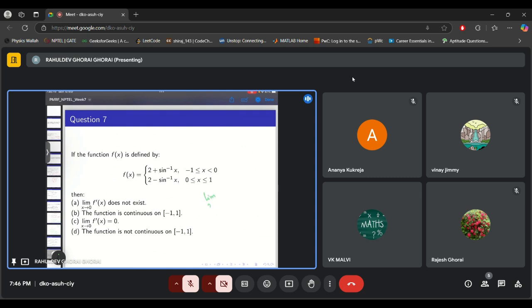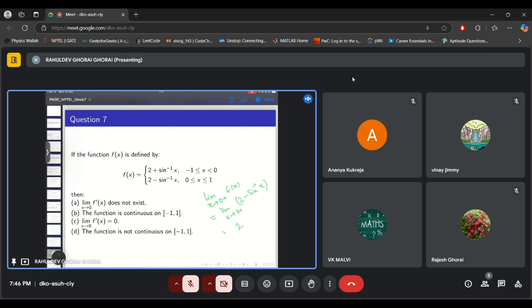If you take the limit as x tends to 0 plus of f(x), that is the limit as x tends to 0 plus of 2 minus sine inverse x. The 2 will remain the same, and sine inverse x is a continuous function which is 0 when x approaches 0, so this will be 2.